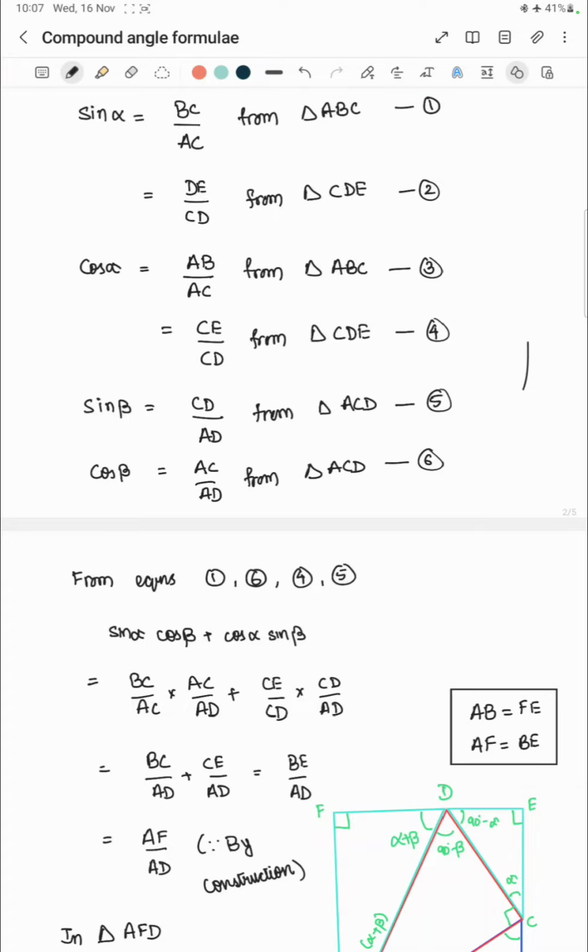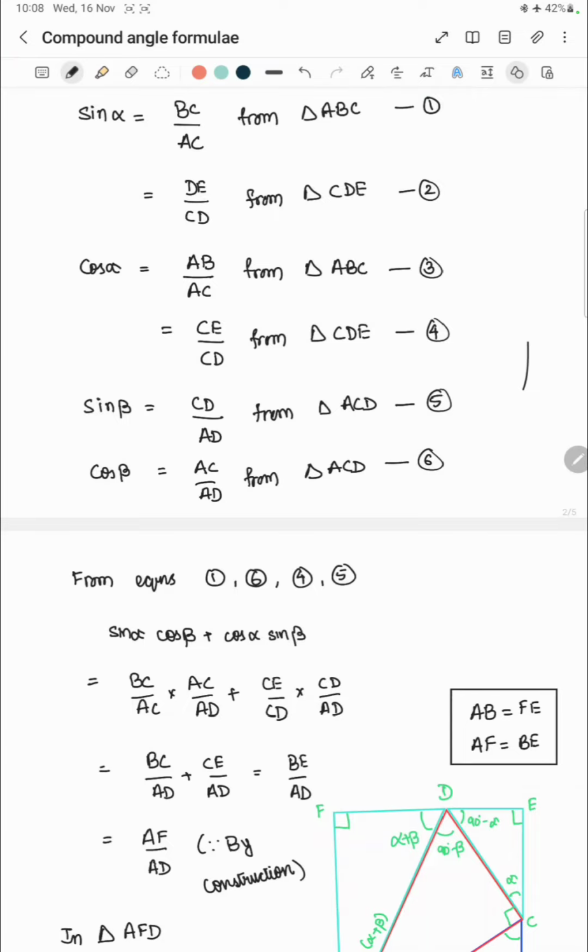So from equation 1, BC by AC, we have sine alpha, and cos beta we are picking up from equation 6, AC by AD. And we have CE by CD, which represents cos alpha from equation number 4. And we have CD by AD, that is sine beta.